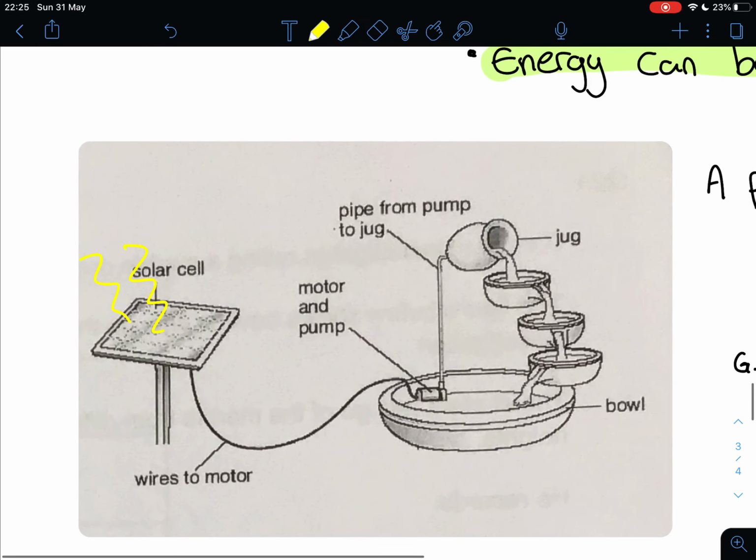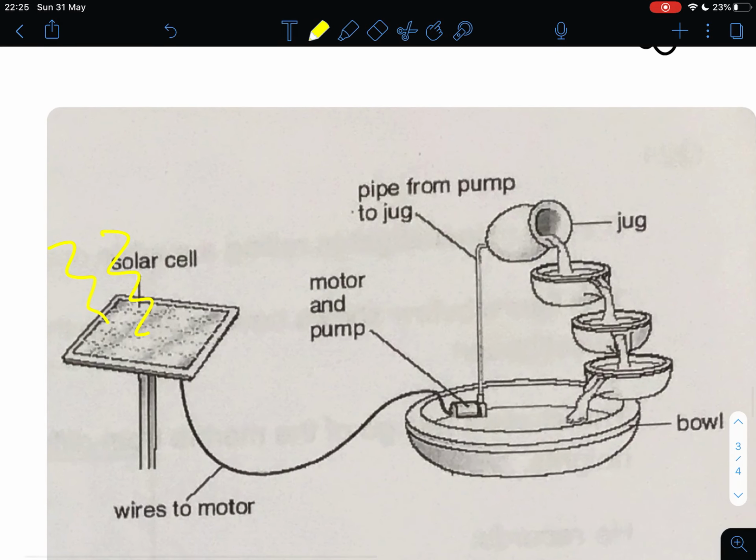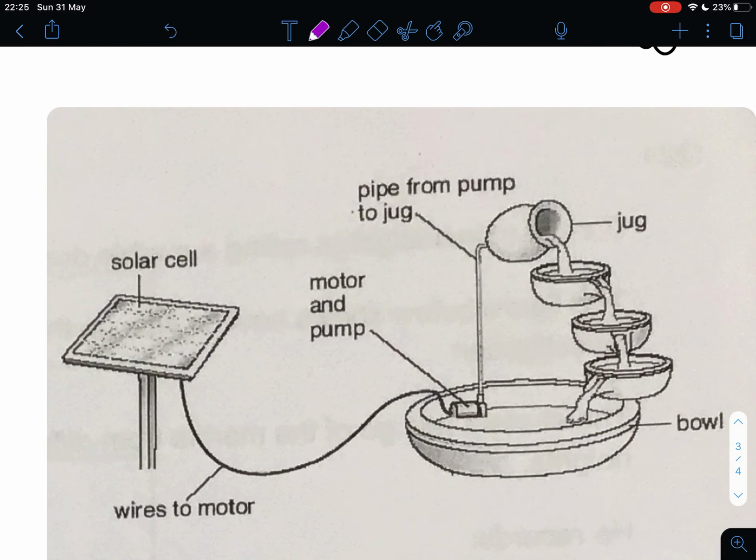So now let's have a look, with all this language that we've learned about energy and energy transfers, let's figure out what's going on. So I'm going to label them, I'll do it in purple. I'm going to label them number 1, number 2, number 3 is the motor, number 4 inside the jug, and going down like that, number 5.